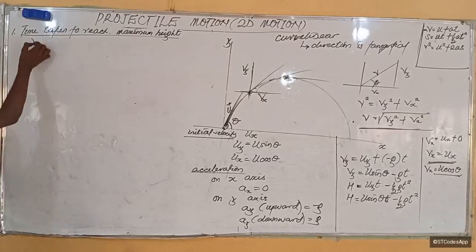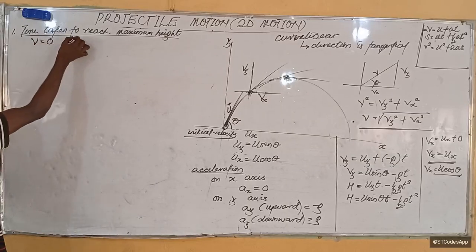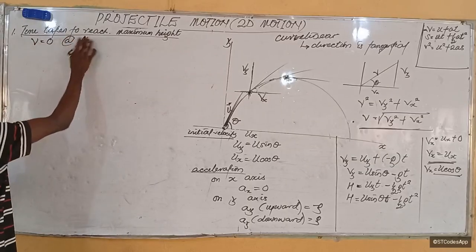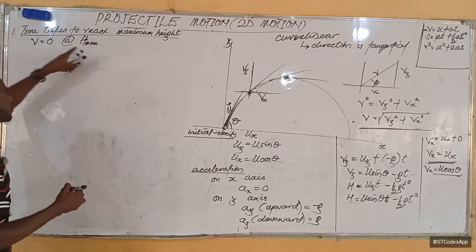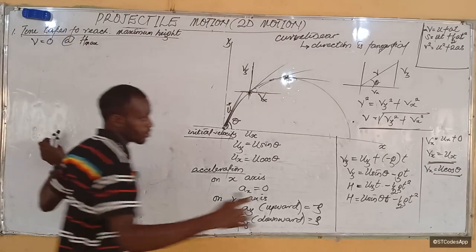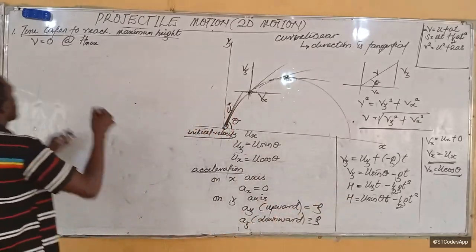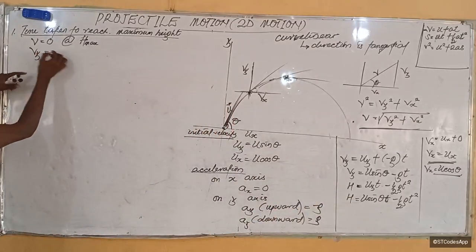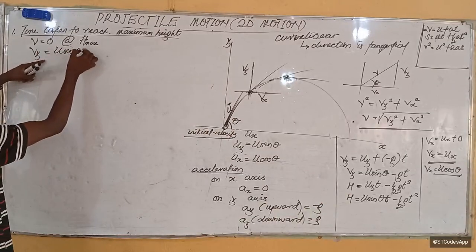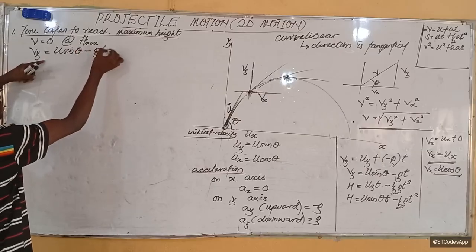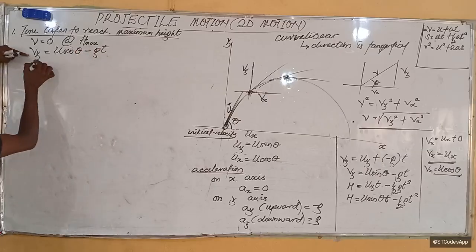So if v is going to be 0 at maximum height, let's call maximum height h max, v will be 0. Then in our equation, v sub y at that point, which is u sine theta minus gt, will be 0, right?